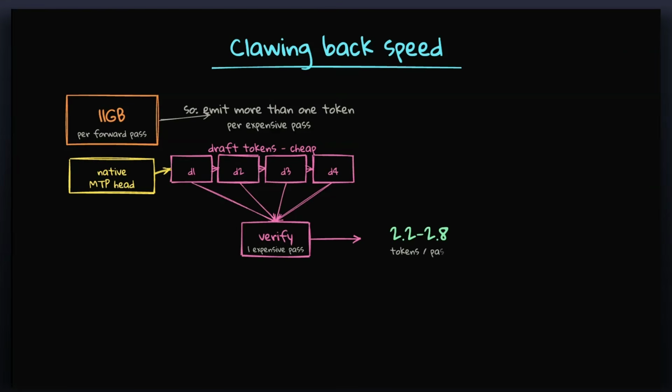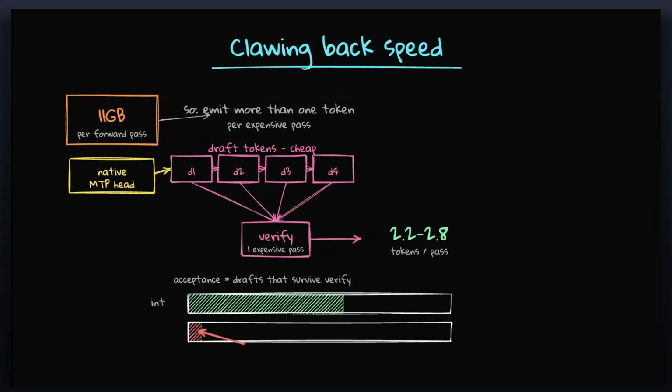So GLM 5.2 actually ships natively with a head for this, and it can land you 2.2 to 2.8 tokens per forward pass. But again, there is one caveat: the head has to be in 8-bit. If you want to use it in 4-bit, the acceptance collapses from 39 to 60% down to almost zero.